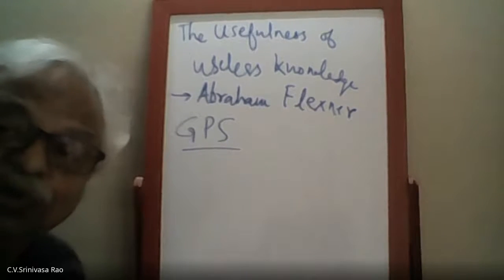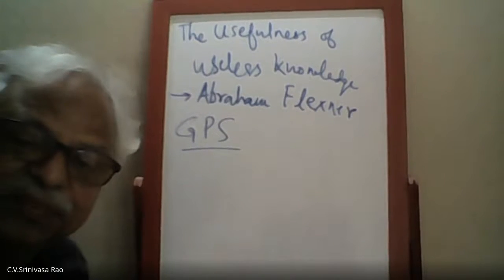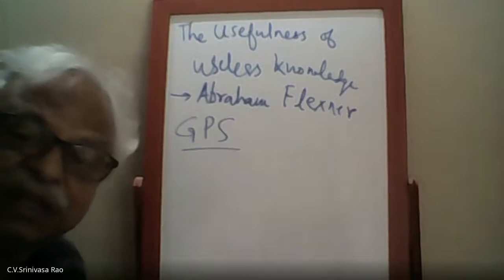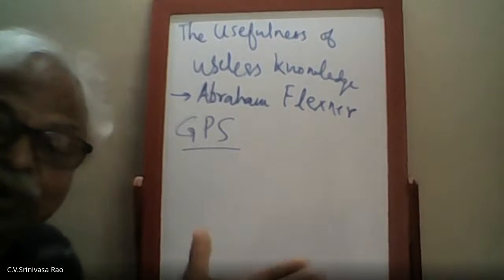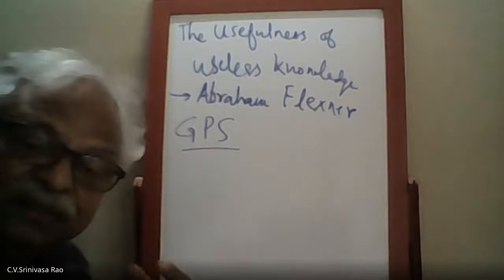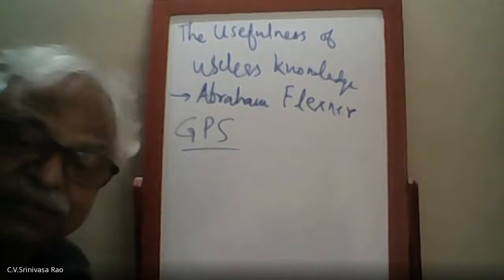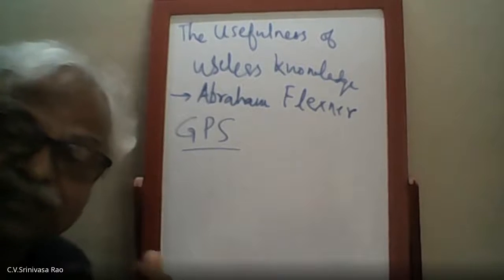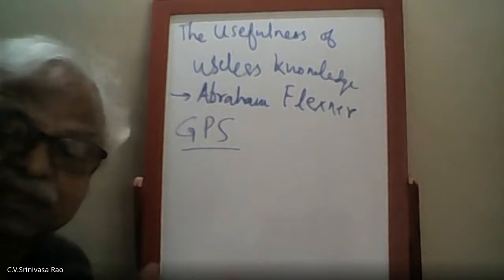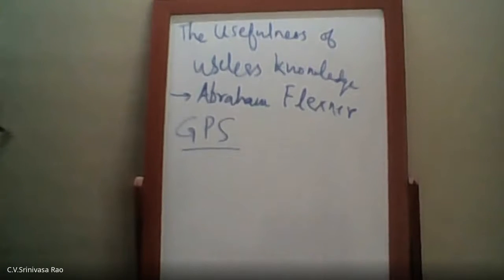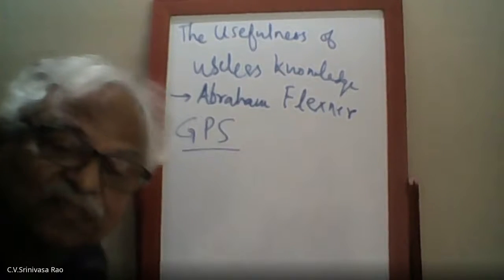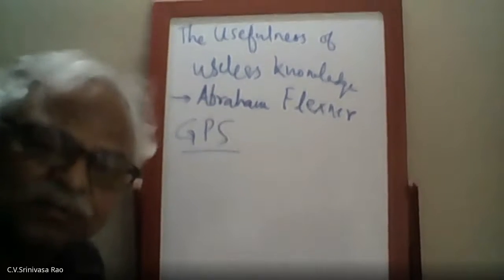But now we cannot do without GPS. Most of you must have already felt, if you go from one city to another and want to move around, you need a GPS system. That basically came from the general theory of relativity. Therefore, what Flexner says is that fundamental research is very, very important.